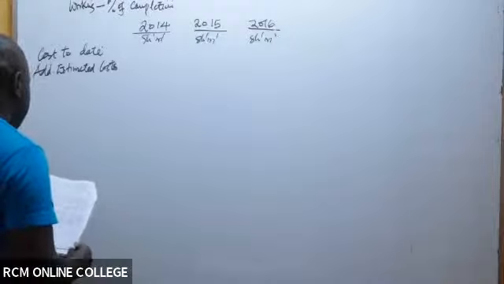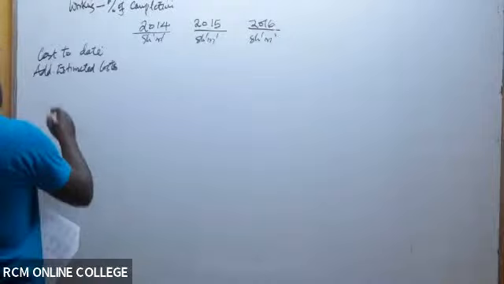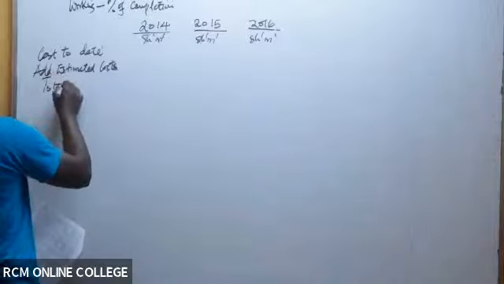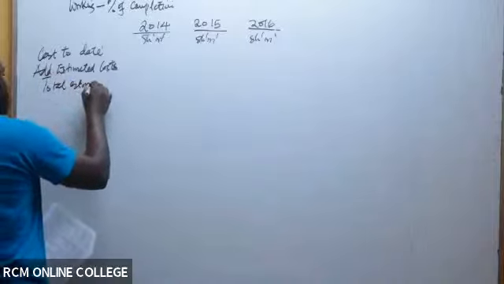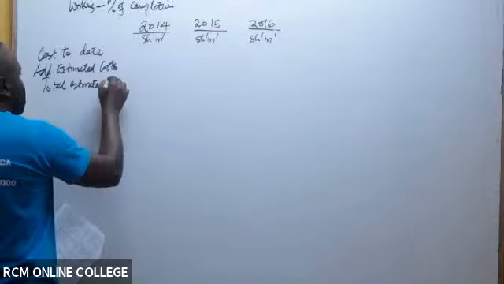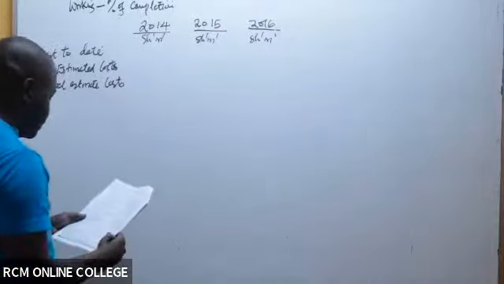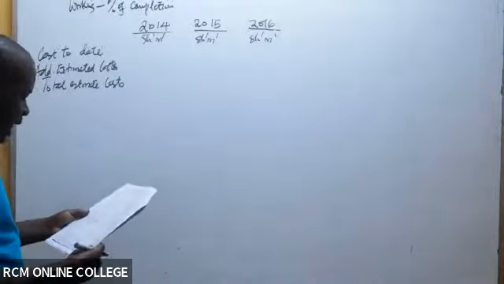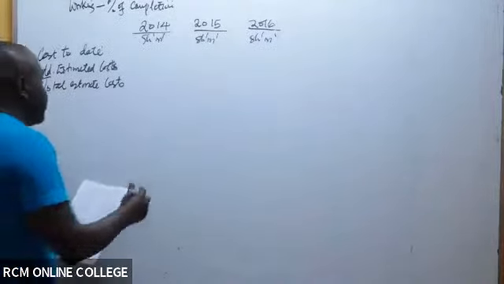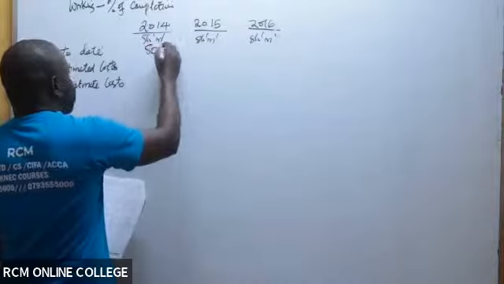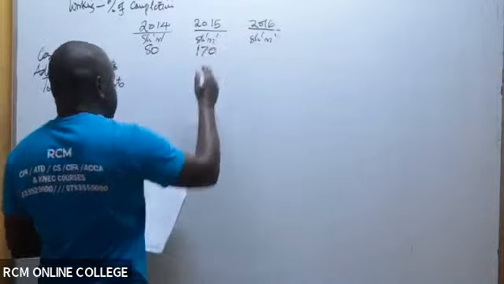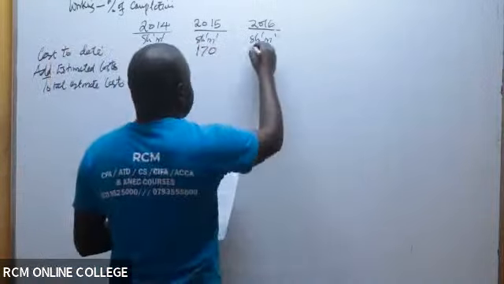Then you can get the total estimated costs. In the question, the cost incurred to date has already been given. So this one is 80, this one is 170, and this one is 220.